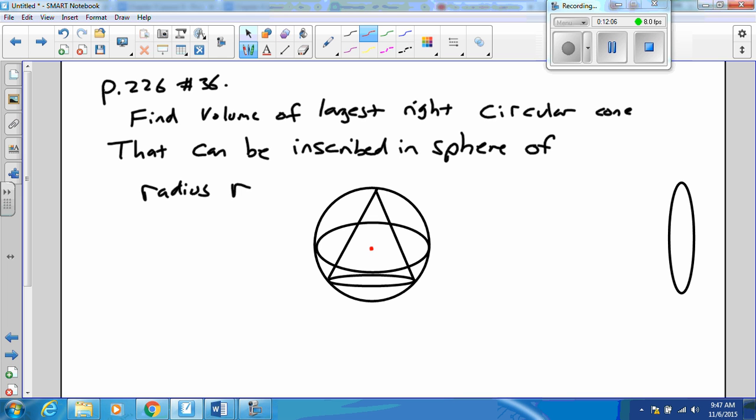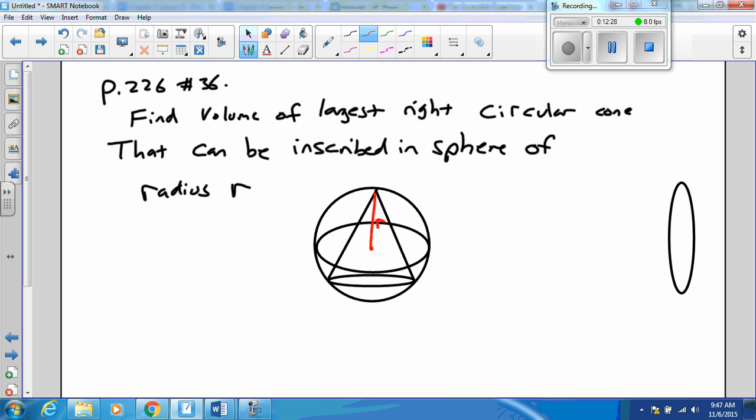Any ideas? What quantities can I relate? Radius, absolutely. And where can I draw the radius? A lot of choices. Maybe from the middle. All right. So this gives me an R. Good.